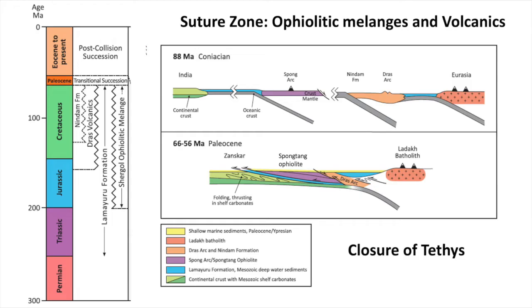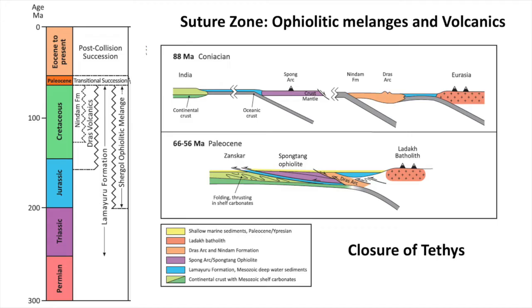And they consist of volcanics, of ophiolites, and a whole suite of basic and ultra-basic rocks, which all have oceanic affinities. So what we're seeing in this collision zone is what was within the Tethyan Ocean.